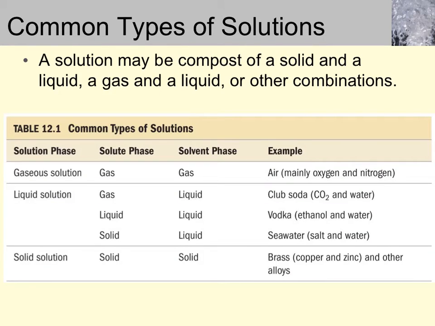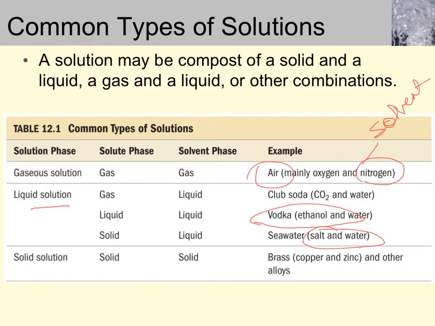So just to show you all the different types of solutions there are, because a lot of people think that they can only be in the liquid state, air itself is actually a solution, and nitrogen is present in the largest amount, so nitrogen is the solvent in air. Of course, we're pretty much all familiar with liquid solutions like salt water. The alcohol that people drink is a liquid-liquid solution.